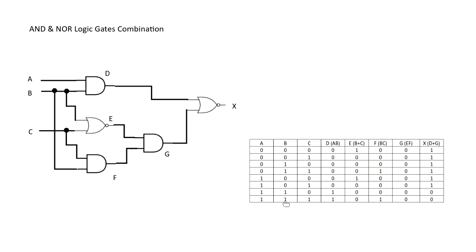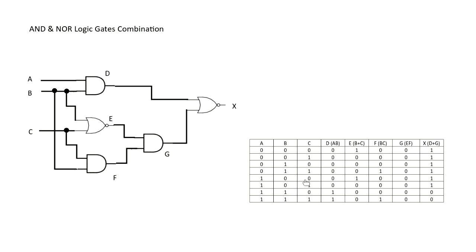Now coming to input A, there are 8 input combinations. Look at A: the first 4 are straight away 0 0 0 0, and the last 4 are straight away 1 1 1 1. So this way also you can write all the 8 input combinations.